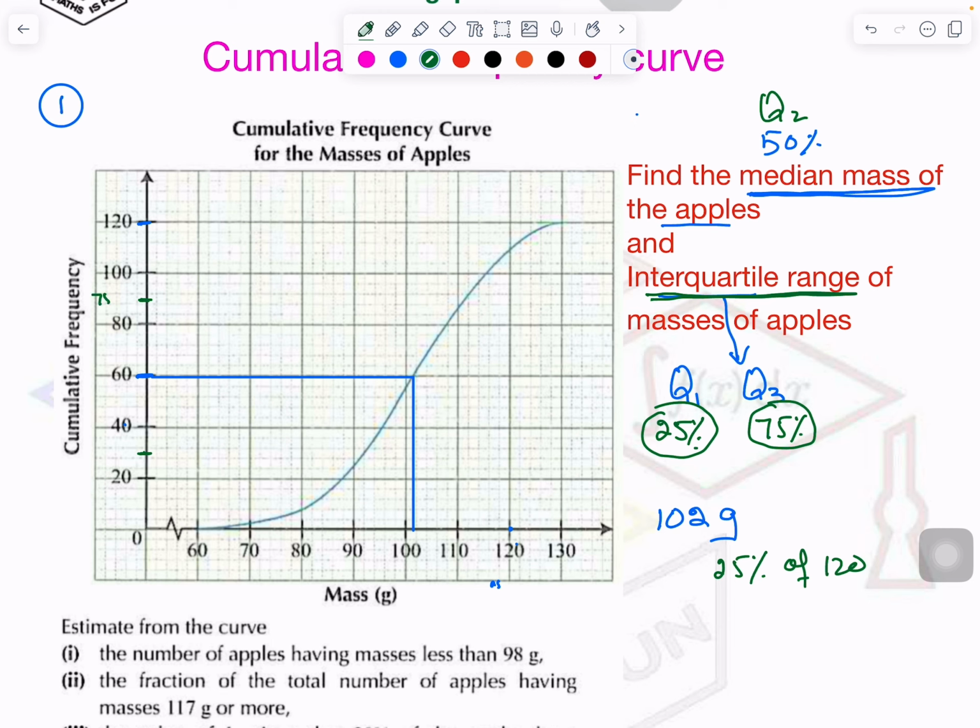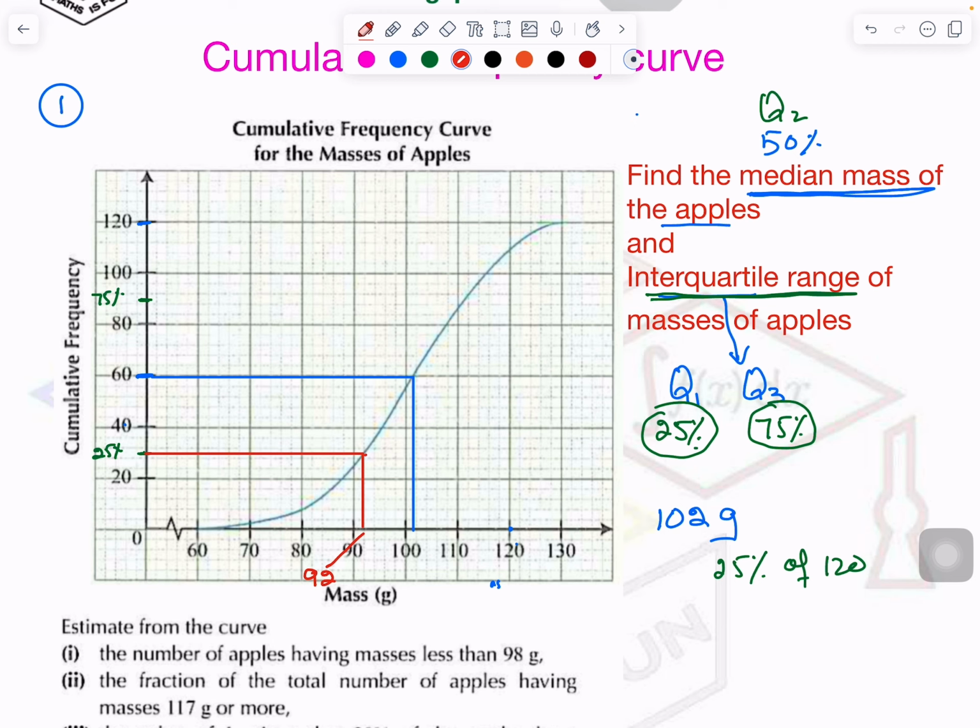So here it will be 75% and here it will be 25%. Agreed? So now I will check the mass at it. Okay. So it is 92. Okay. A little bit of value can be here and there, but you have to be very precise in measuring.